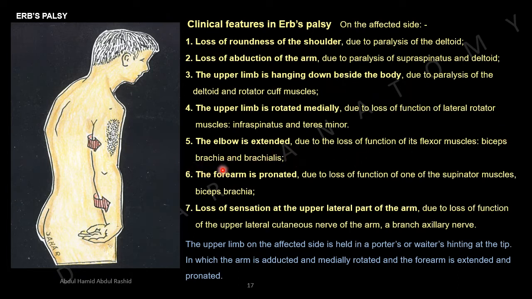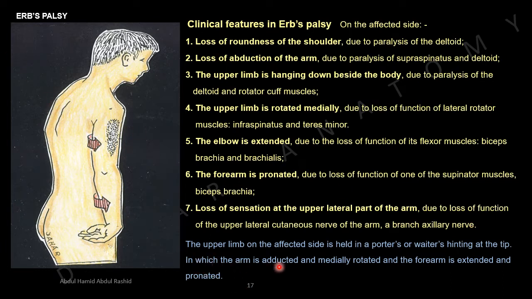Number 6, the forearm is pronated due to loss of function of one of the supinator muscles, that is biceps brachii. Number 7, loss of sensation at the upper lateral part of the arm, that is the regimental area, due to loss of function of the upper lateral cutaneous nerve of the arm, which is the branch of the axillary nerve.